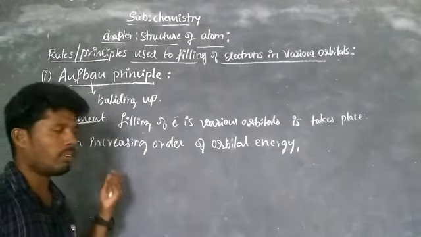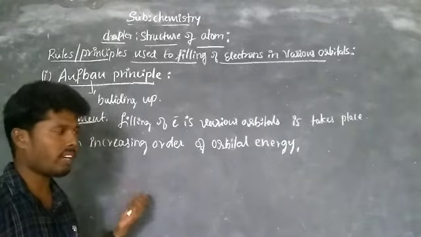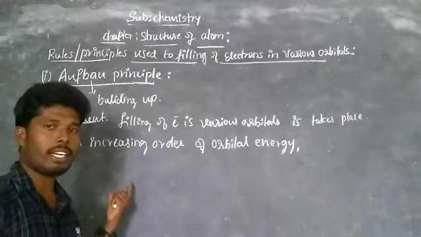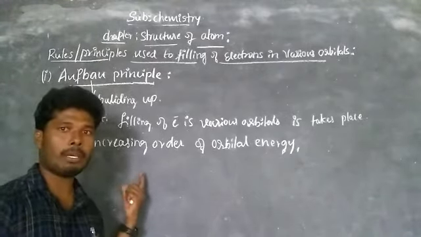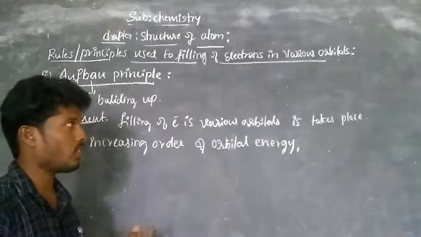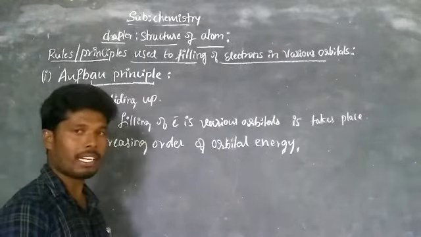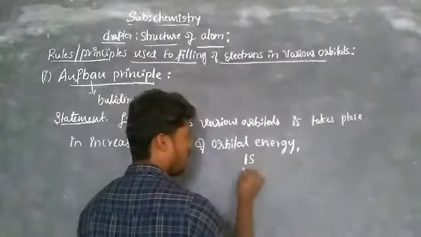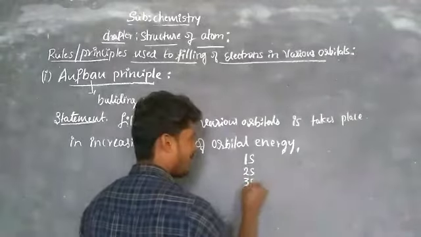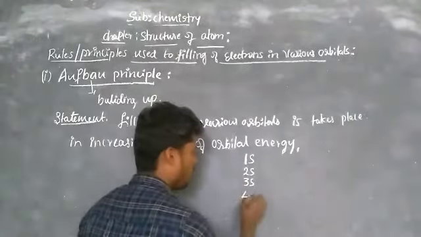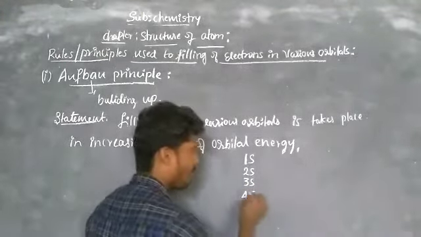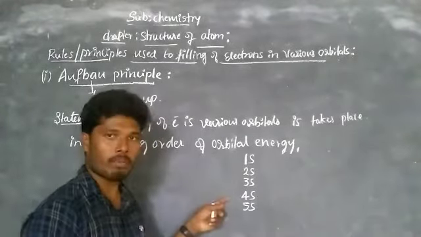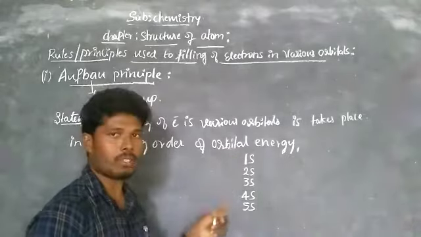Now, to know which orbital has the highest energy and which has the lowest energy, we write a diagram called the orbital energy diagram. The orbital energy diagram is written like this: 1s, 2s, 3s, 4s, 5s, like that. The number indicates the shell, that is the energy of the shell.